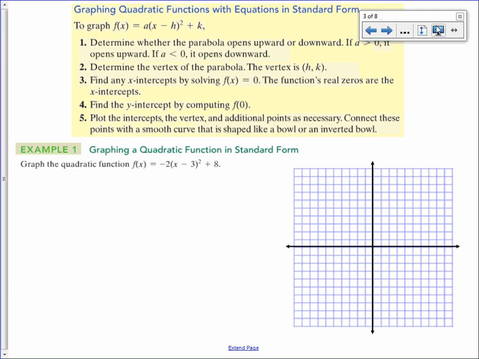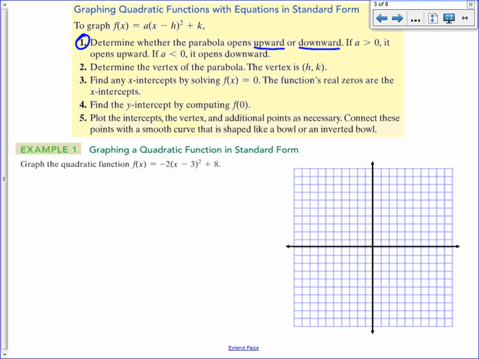Okay, so we're going to be graphing a few quadratic functions. And so here's a list that could help you out while you're doing your homework. First, you need to determine if the parabola is going to be opening upward or downward. And we already know how to identify that, right? So let's look at A. In this case, it will be outside the parentheses.